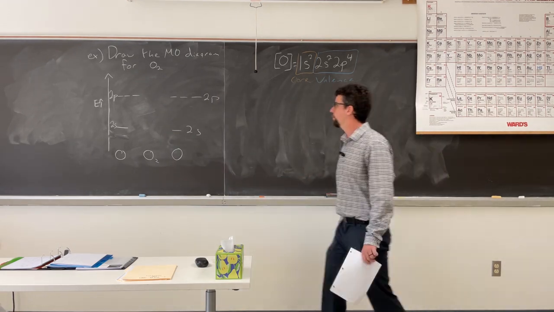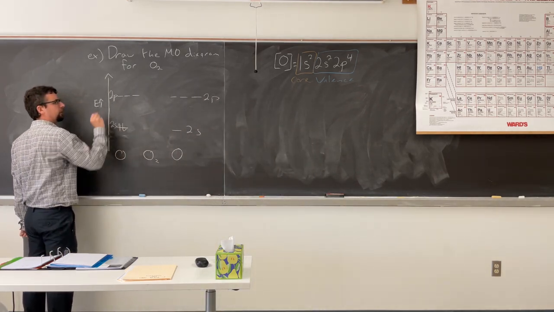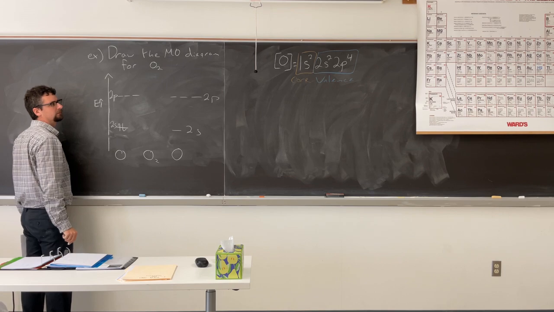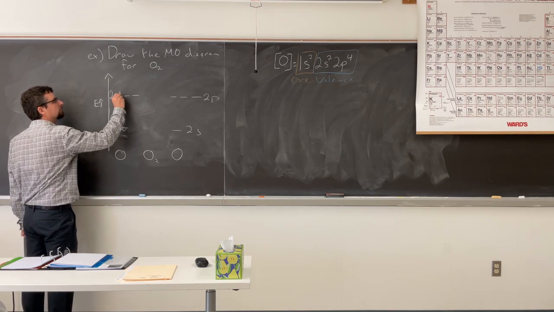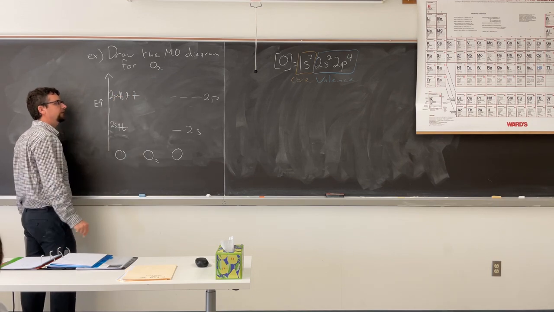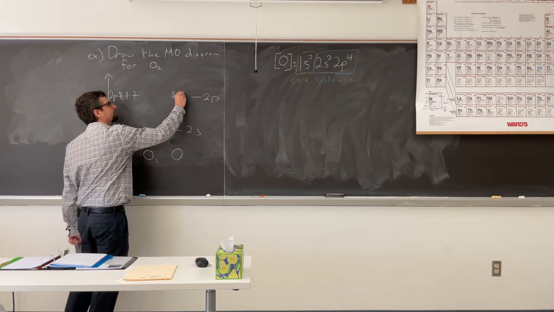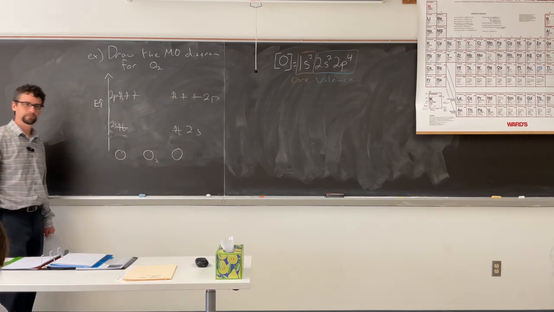Okay. We can fill this. How should I fill these p orbitals? You have to put one in each, and then find one that's not gonna be happy. Perfect.